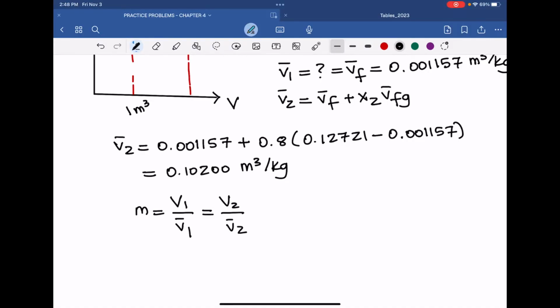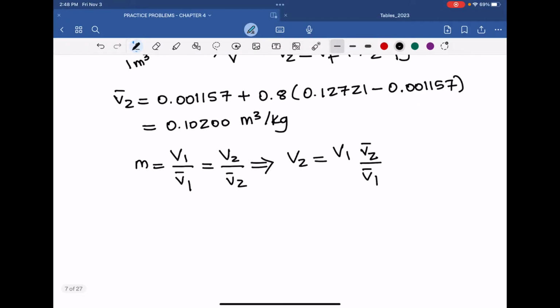Therefore, we can find the second state volume using this relation, because if you solve it for V2, you can figure out that it is actually V1 times V2 over V1. So very good.